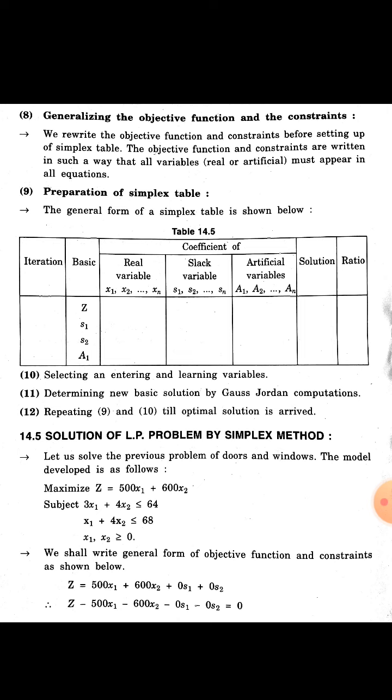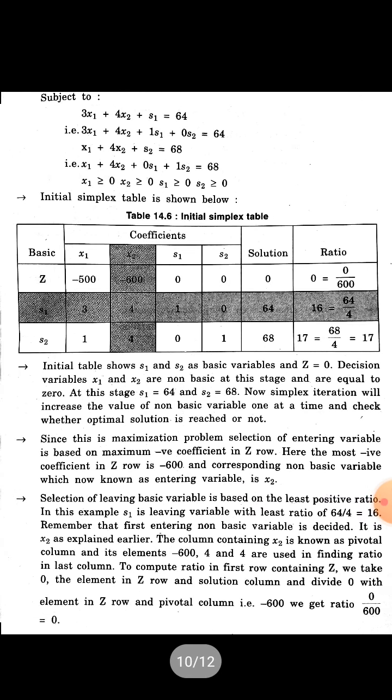Now we shall write the general form of the objective function and constraints. z equals 500 x1 plus 600 x2 plus 0 s1 plus 0 s2. So z minus 500 x1 minus 600 x2 minus 0 s1 minus 0 s2 is equal to 0.